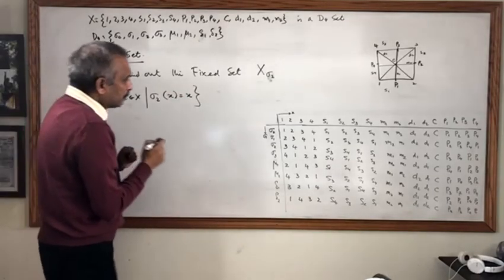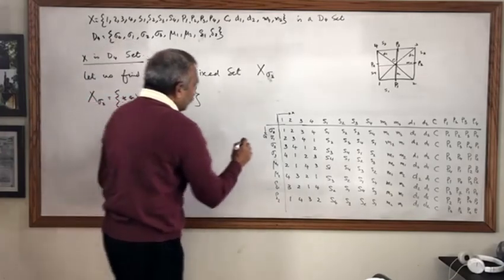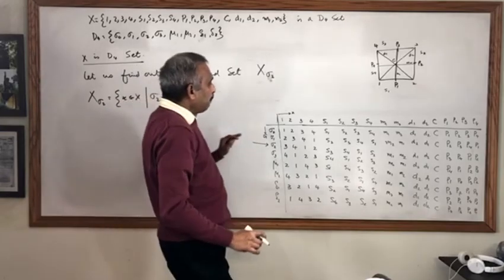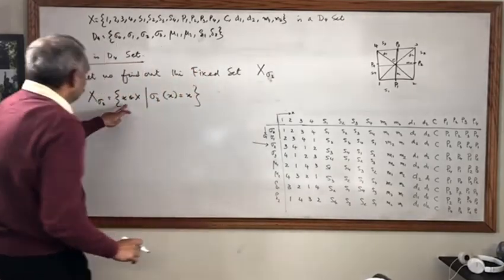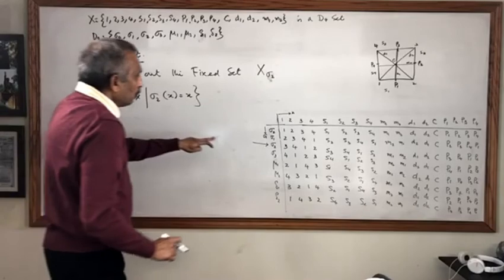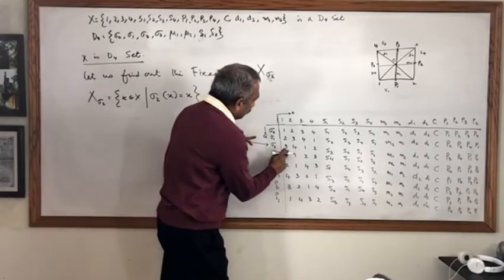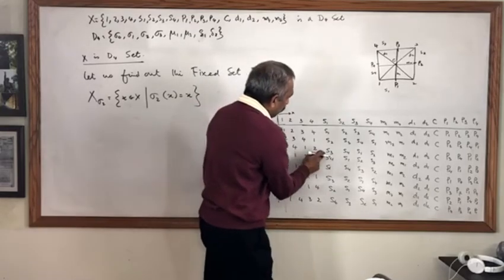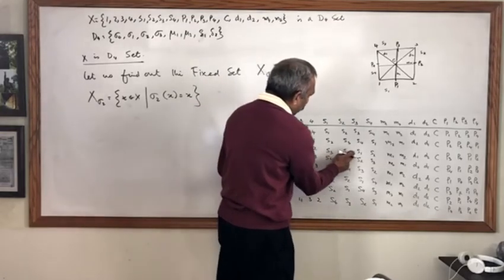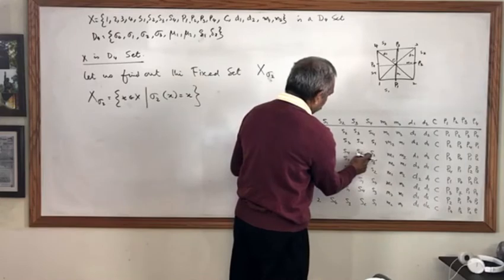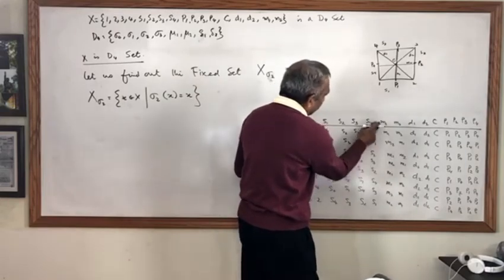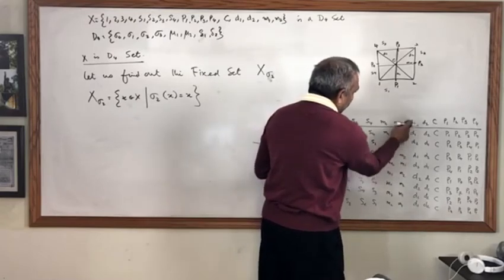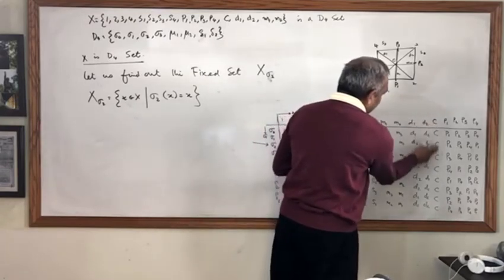So sigma 2 should keep the elements as it is. So it will not be any of these vertices, and it will not be any of these sides, but the diagonals M1 and M2 and D1 and D2 and C.